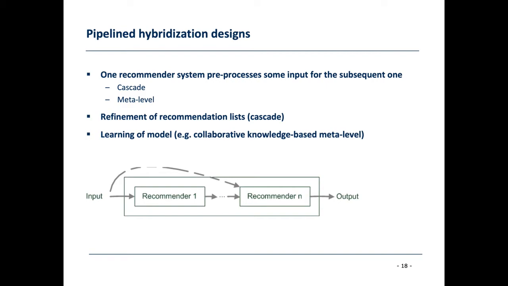So here you can see that recommender N and presumably all of the intermediate recommenders also get the input, but that isn't necessarily the case. You could actually have recommender 1 providing a list of recommendations which are filtered by recommender 2, and then 3, and then 4, and then 5, and so on. And the idea is that the cascade model will actually refine or filter the output to the user.